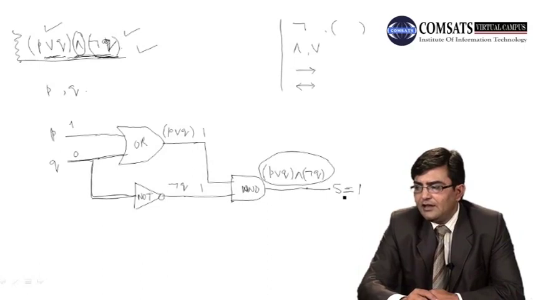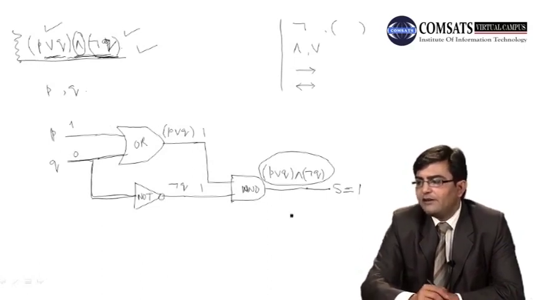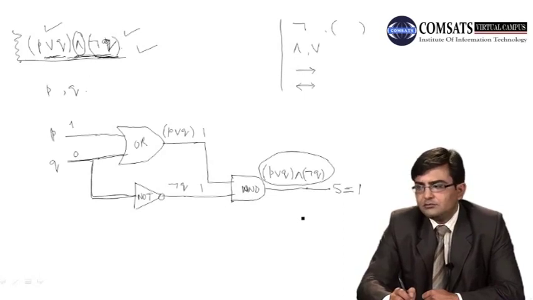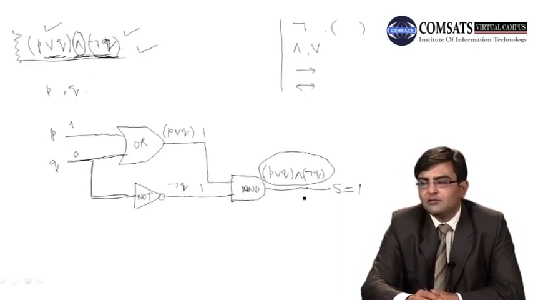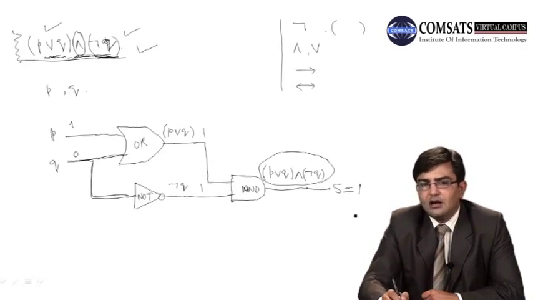So if we give particular inputs to a circuit, we can find an output. And we can also see that for any logical expression or compound proposition, we can construct a circuit, and by giving inputs to the input variables, we can find the output.